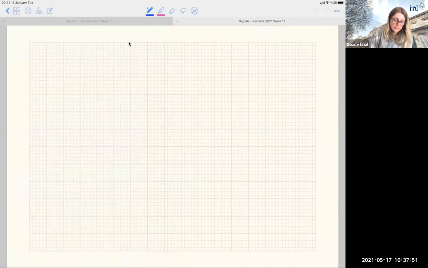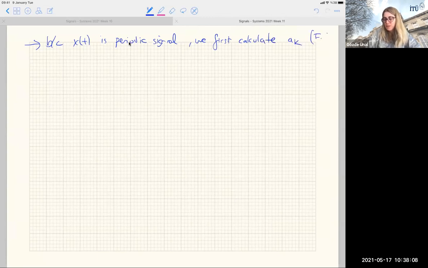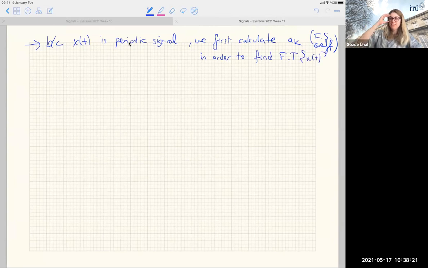So guys, because x of t is a periodic signal, we first calculate AK, i.e. the Fourier series coefficients, then it's easy to find the Fourier transform of x of t, okay? That's the idea.